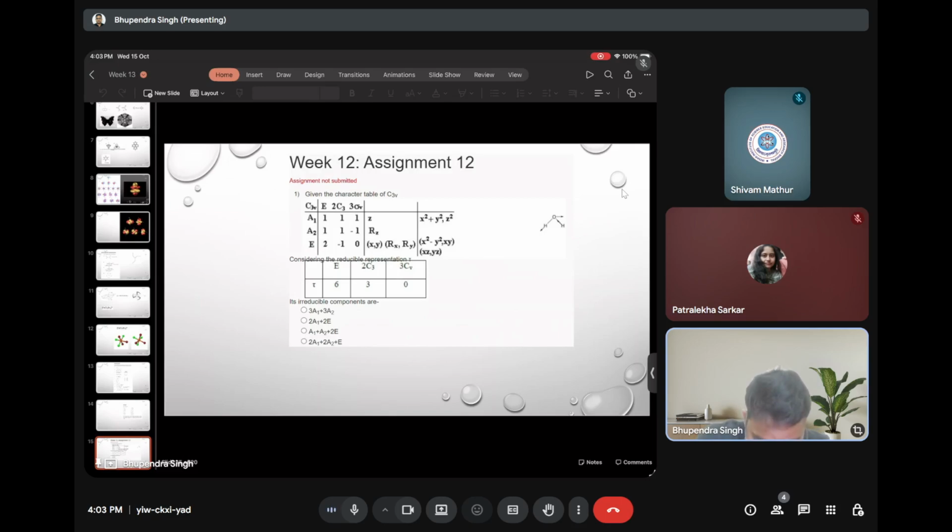Here, water molecule is given. So, question number 1. Given the character table of C3V, why this water molecule is given here? Anyway, considering the reducible representation, tau, its irreducible components are. So actually we have to find the irreducible representation.